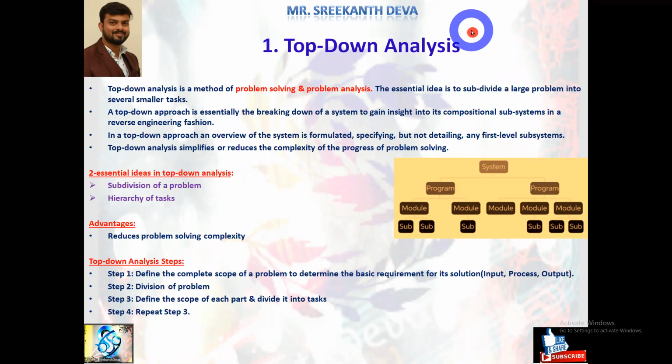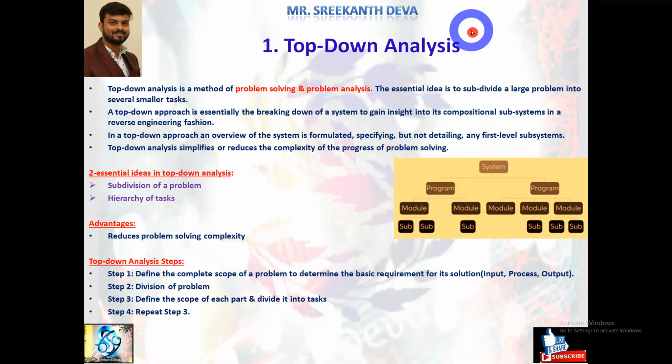A top-down approach is essentially the breaking down of a system to gain insight into its compositional subsystems in a reverse engineering fashion. In a top-down approach, an overview of the system is formulated, specifying but not detailing any first-level subsystem.